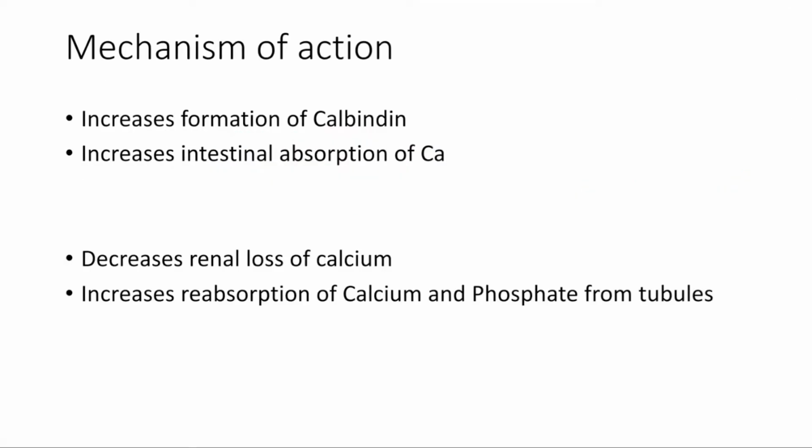So how does vitamin D affect the levels of calcium in the body? First of all, it increases the formation of calbindin. As you remember, this was the answer to our question. Calbindin is basically a protein found in the intestinal lining of our gut, and this is what increases the absorption of calcium.